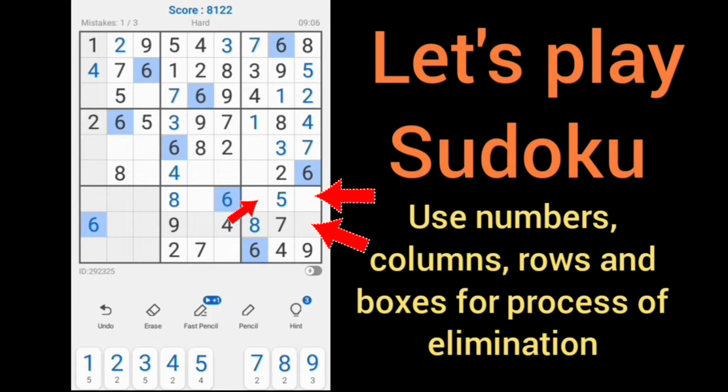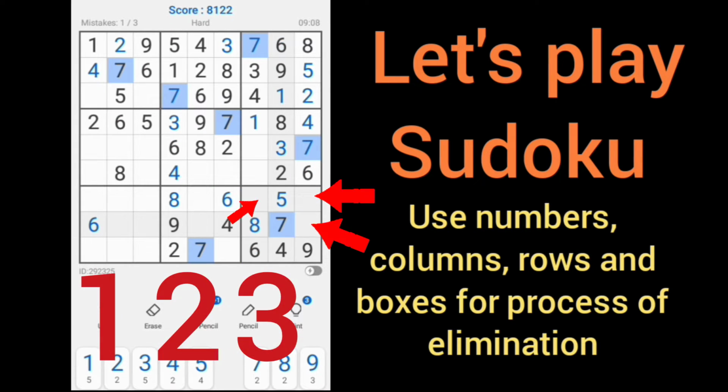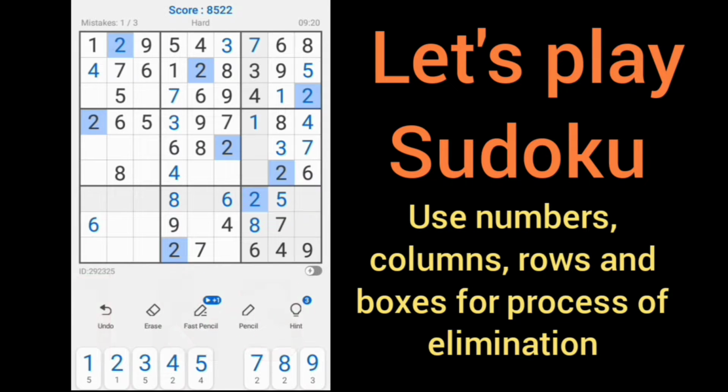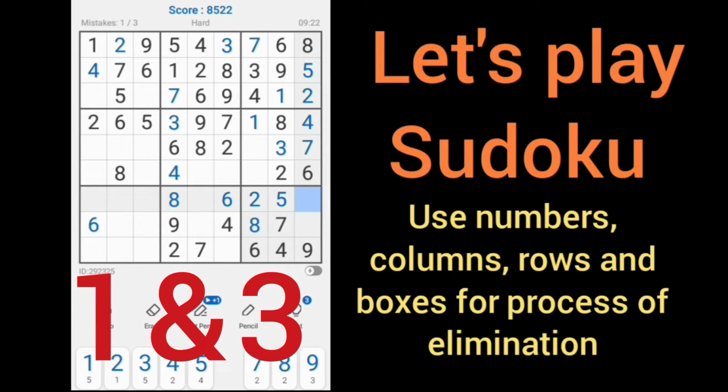On this far right bottom corner here, we need a 1, 2, and a 3. So 1 and 3 are here, right above it, so that means that would be a 2. So now we just need a 1 and a 3. Nothing there. Nothing there.